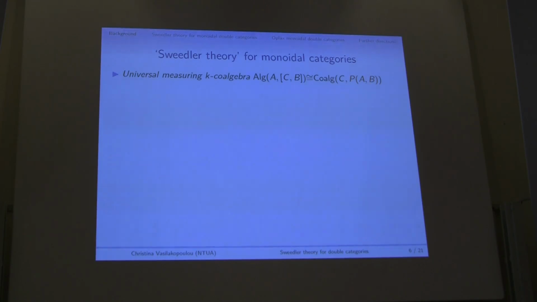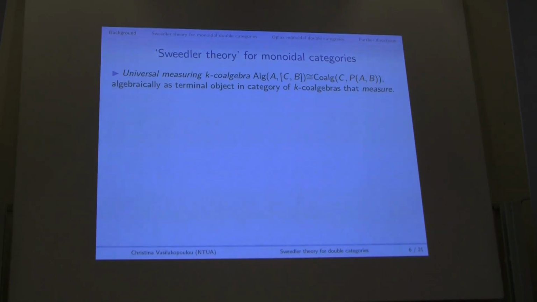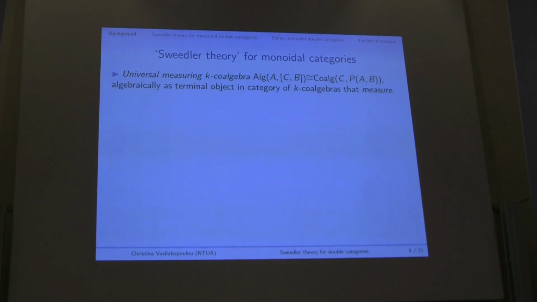The way they were introduced, those P(A,B) on the right-hand side were not from an adjoint functor theorem or generalizing the slide before, but they were defined algebraically, and in fact there was a whole category of measuring coalgebras where it was proven that P(A,B) was the terminal object. I'm not giving many algebraic details of this, it's all in the book.